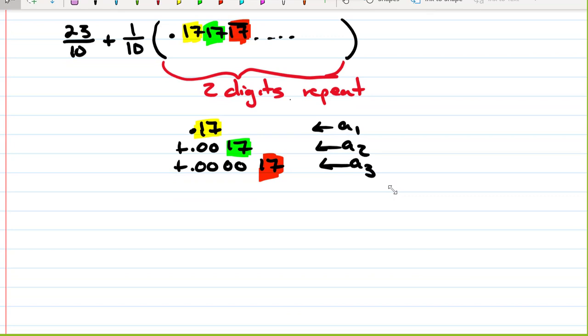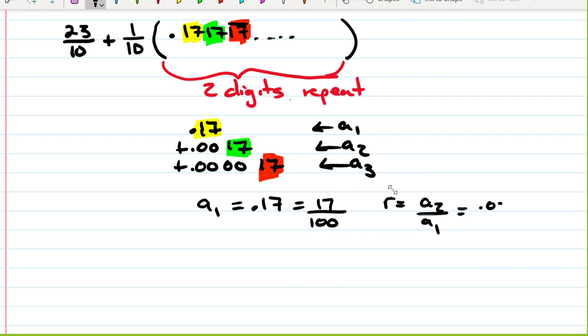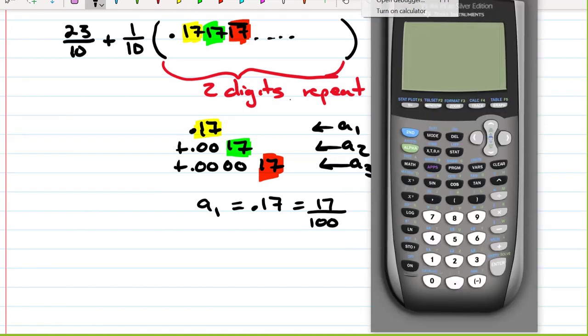Well, this then is a_1, a_2, a_3, and I want to sum all of these up. So to use our formula, we have to know a_1, that's the easy one, 0.17 or 17 over 100, and we need to know r. Well, r is a_2 divided by a_1, which is 0.0017 divided by 0.17, and that's going to be 1/100th.